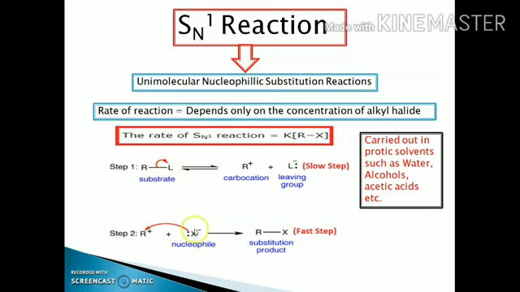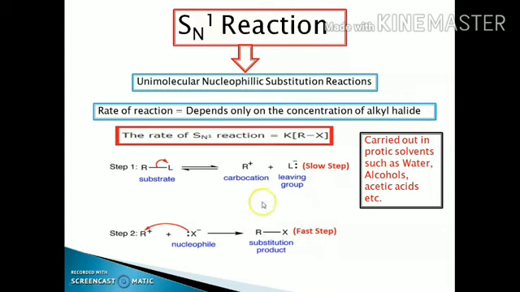In the first step, there is a generation of the carbocation, as the leaving group breaks its bond. Under the influence of the protic solvent, the leaving group breaks the bond with the alkyl group and generates the carbocation. And in the second step, the strong nucleophile gets attached to this carbocation to give the substituted product.